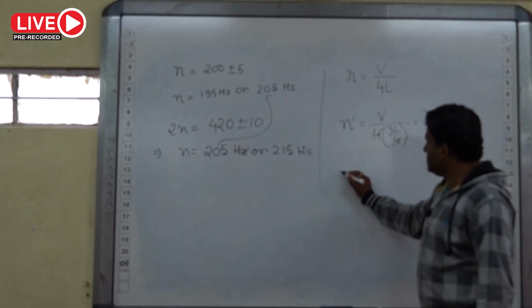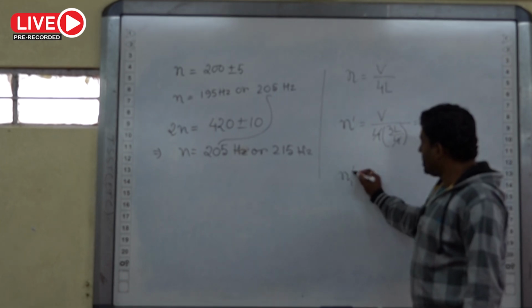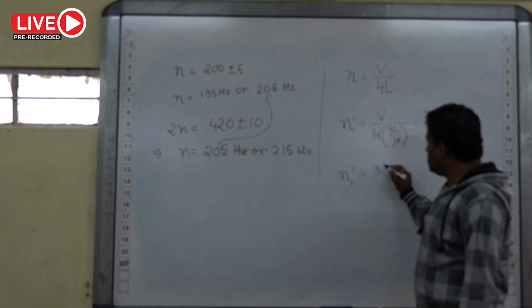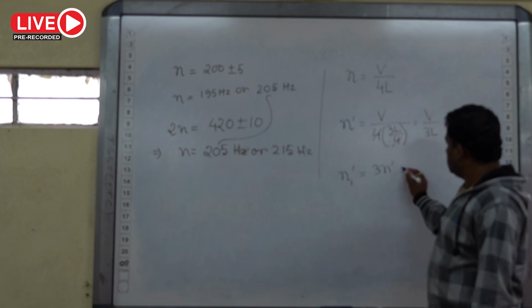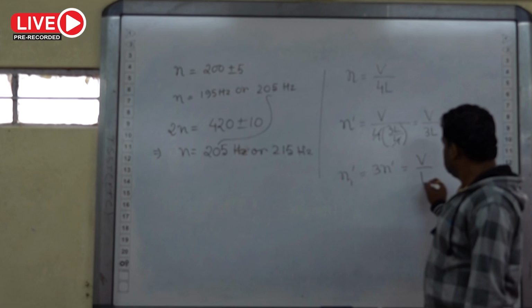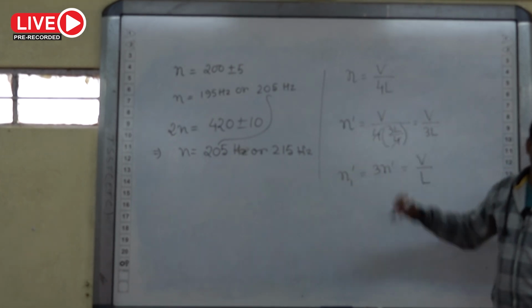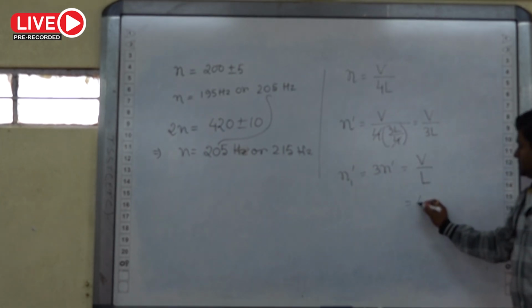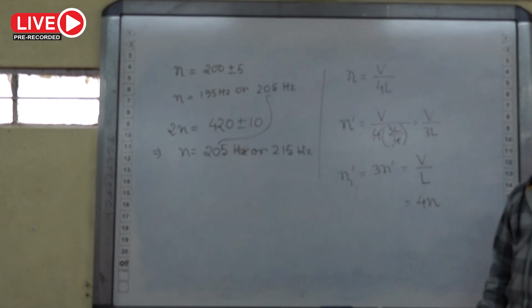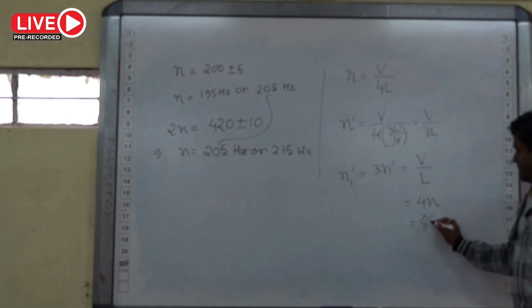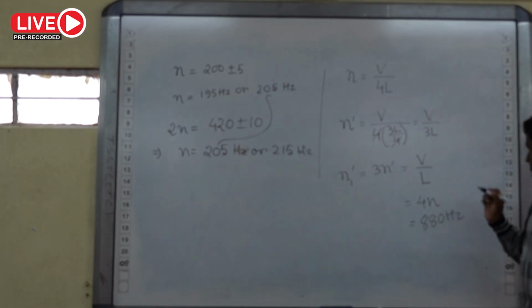So the first overtone frequency, say N1 prime, will be equal to 3 times N prime, that is V by L. So V by L is basically 4 times N. N is given as 220, so it will become 880 Hz.